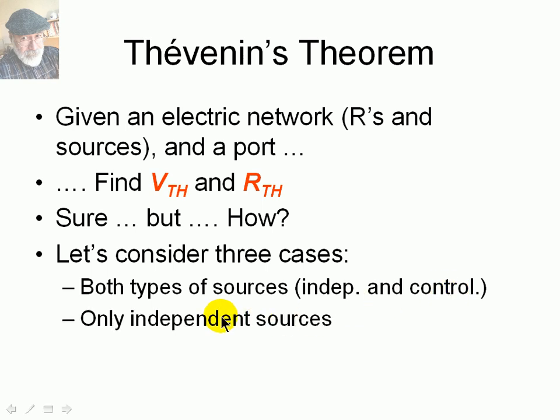But if we have only independent sources, only round sources, we will use a simplified method that I will describe momentarily. Or if we have only controlled sources, only dependent sources, sources with that rhomboid shape, in that case we have an even simpler method of finding Vth and Rth.